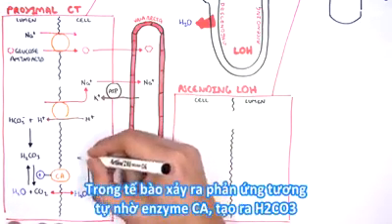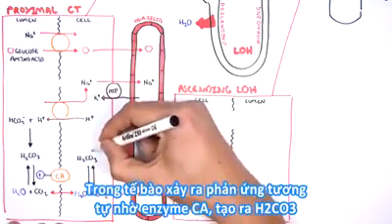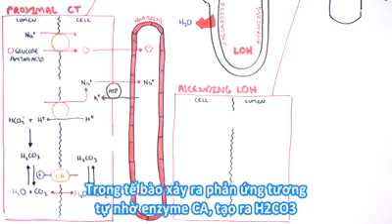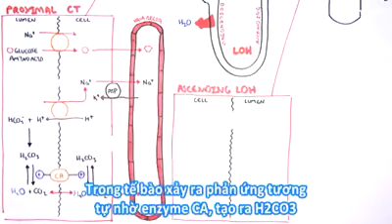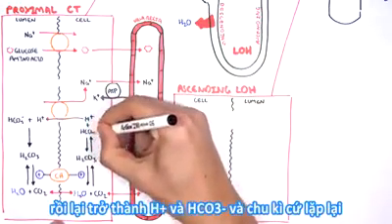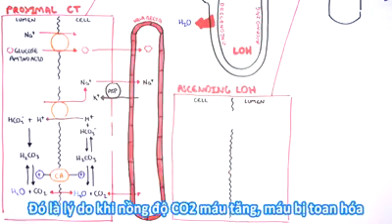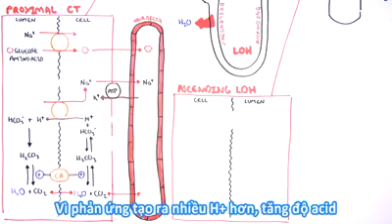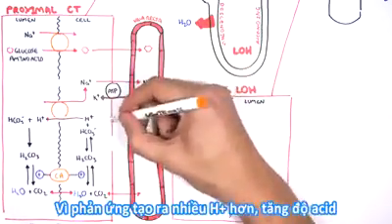Further, within the cell, the same reaction can take place with the same enzyme, carbonic anhydrase, which makes carbonic acid again. Carbonic acid can then become hydrogen ions and bicarbonate, and the cycle can continue. That is why, when you have an increase in carbon dioxide levels, you are more acidic, because there's a shift for more hydrogen ion production, and hence more acidity.